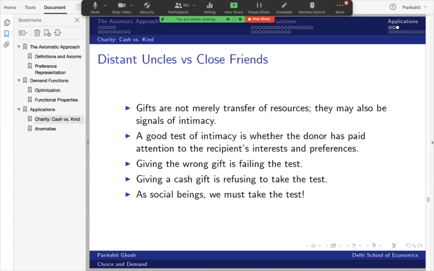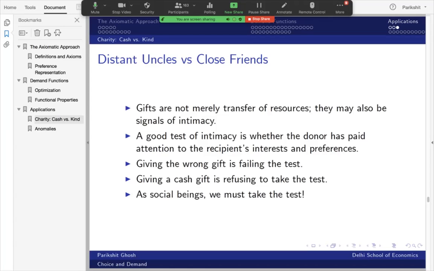So in this case, the gift is a test of intimacy, a test of whether we are paying attention to our loved ones to whom we are giving the gift. It's not just some transfer of resources or value. It's more than that. It's a test of intimacy and of knowledge of the other person's preferences.